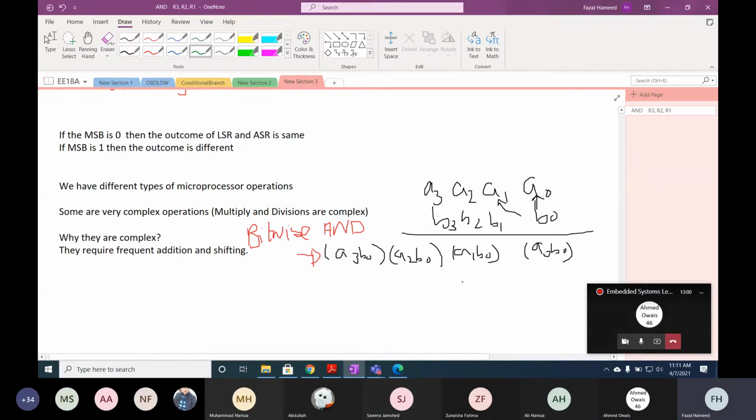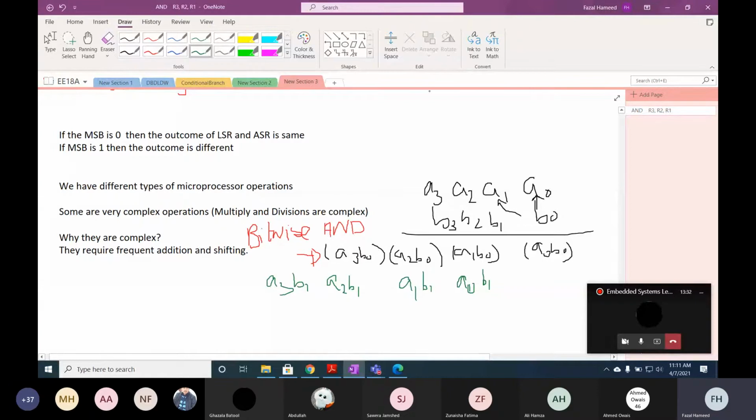Then we perform A0, A1, A2, A3 with B1. Actually, we perform this operation with B1, B1, B1 and B1.